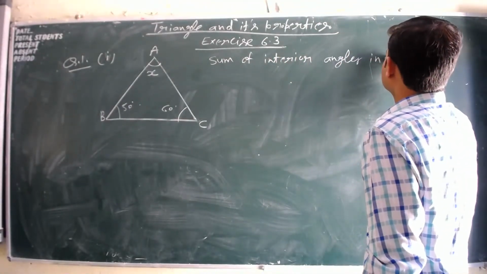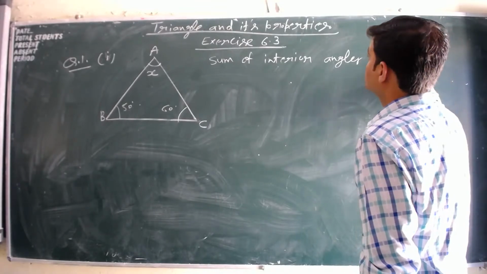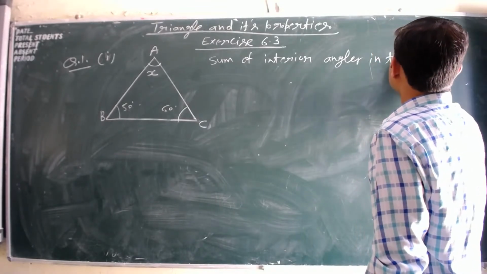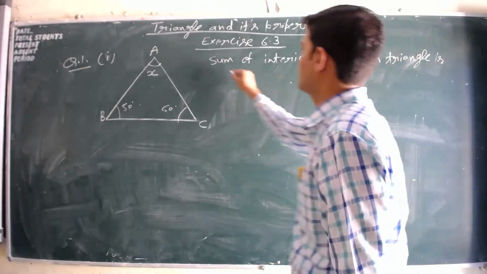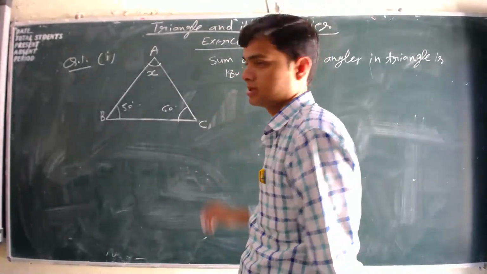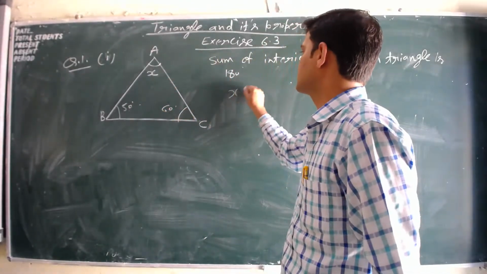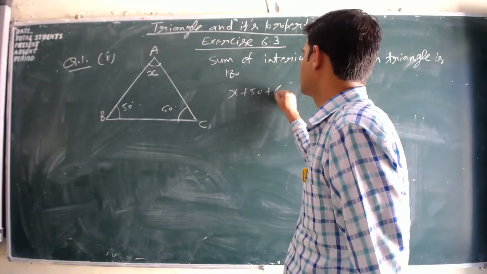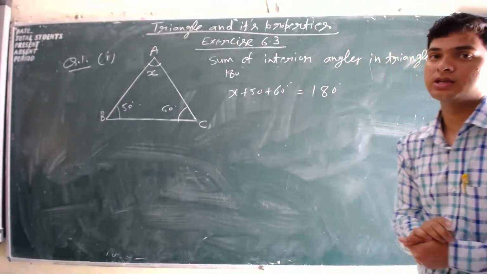It means x plus 50 plus 60 is equal to 180 degree.